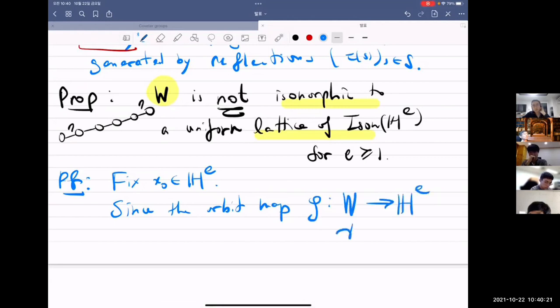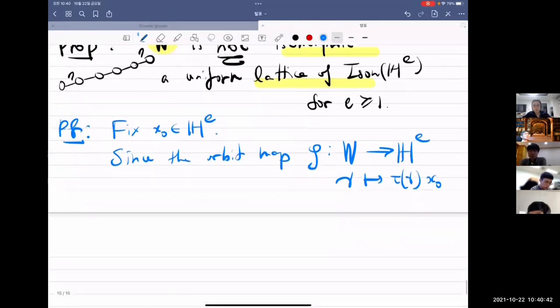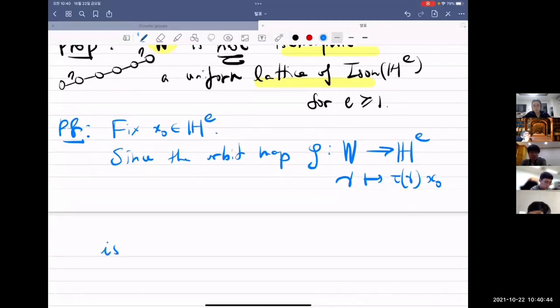What is the orbit map? If I take gamma, then tau(gamma) is an element in the isometry group of hyperbolic space, so I can apply it to the point x_0. Then this is a point in H^n, and this orbit map is quasi-isometric.